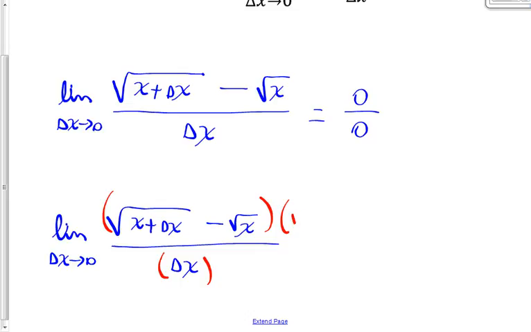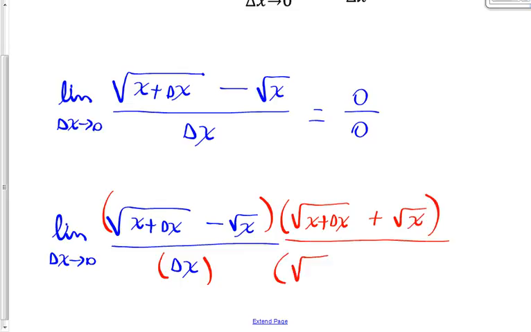And that conjugate is the square root of x plus delta x plus the square root of x. I just changed the sign in between the two terms. And I multiplied the denominator by the same thing because if I multiply by 1, I won't change the actual value. And that's what this amounts to, multiplication by 1. Numerator and denominator are the same. This fraction is equal to 1.